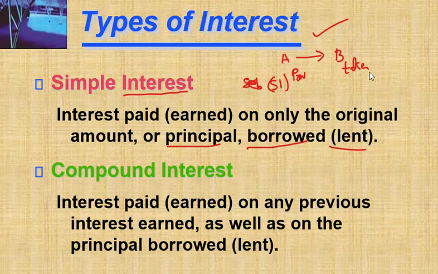The person B is taking the loan. So the amount is $100. This $100 is the original amount, also called the principal amount, also called the borrowed amount, and this is the lent amount by A.